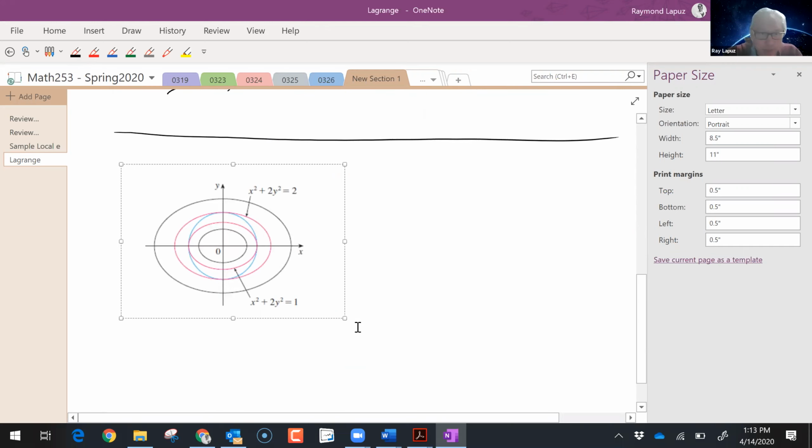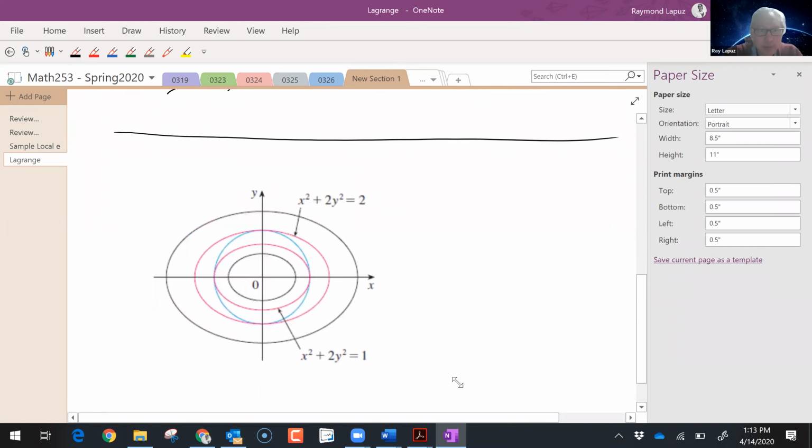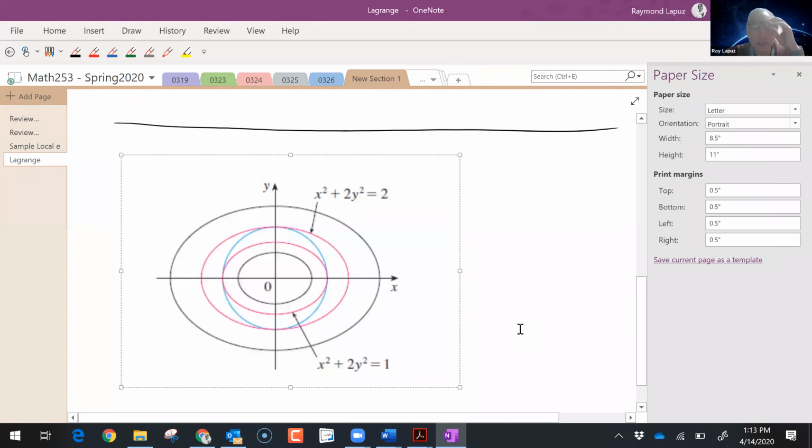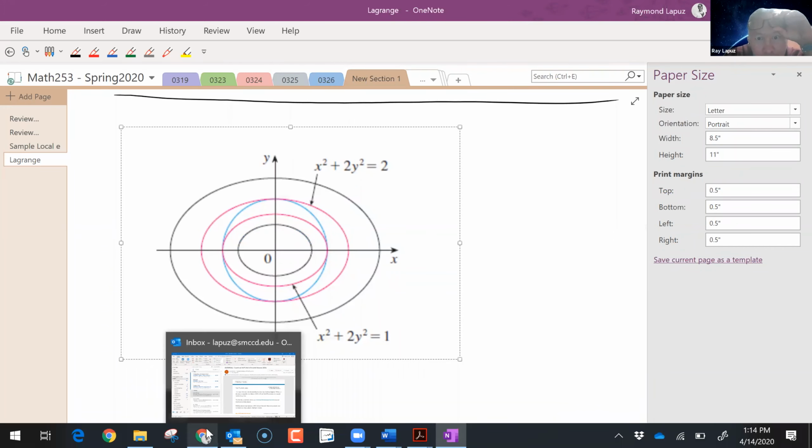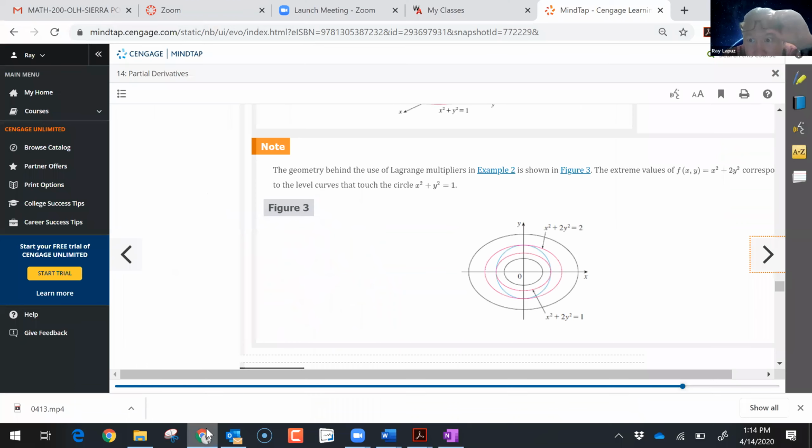Oh, there's no levels. I don't remember if mine had levels. I think mine had levels. Let me take a look at the actual problem again. Oh, so they have a level. Okay.